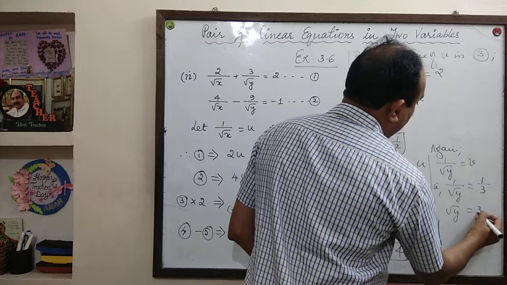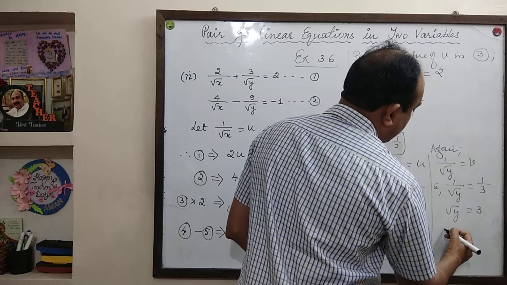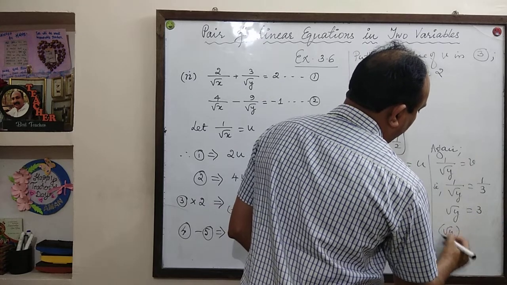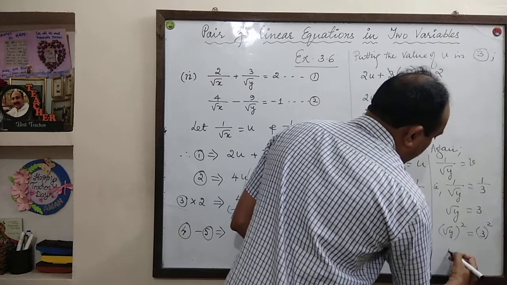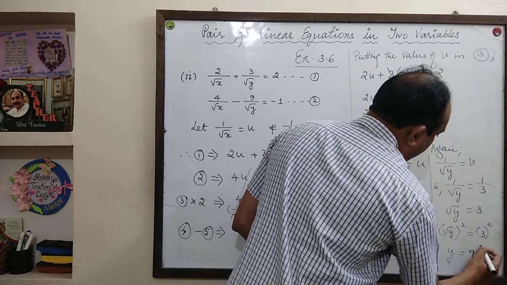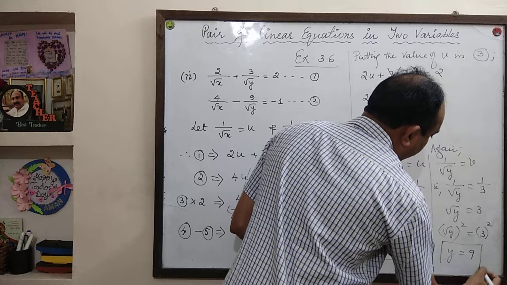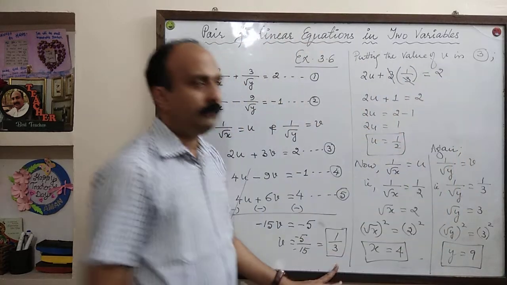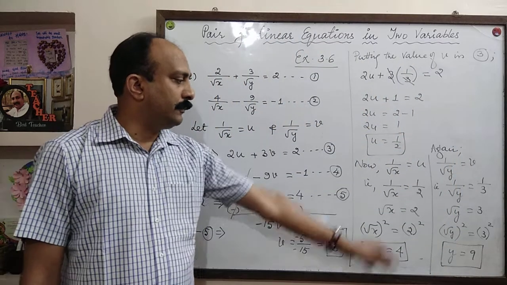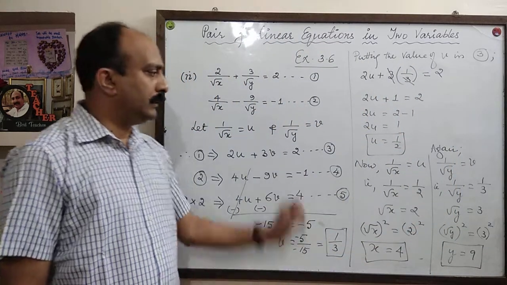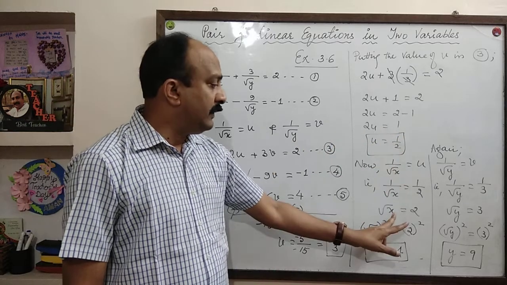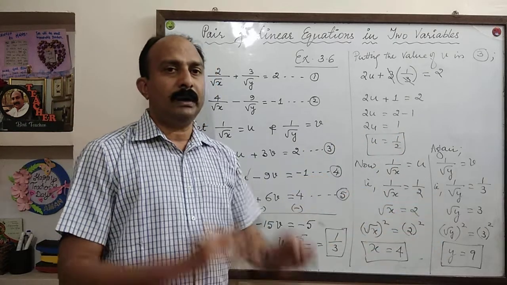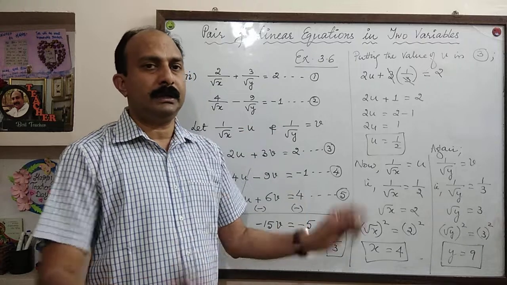Root y is equal to 3. Squaring on both sides, root y the whole square is equal to 3 the whole square, that is y is equal to 9. So the final answer: x is equal to 4 and y is equal to 9. The only change is that after getting the values of u and v, we will get the value of root x and root y, so we have to square it once. That's all.